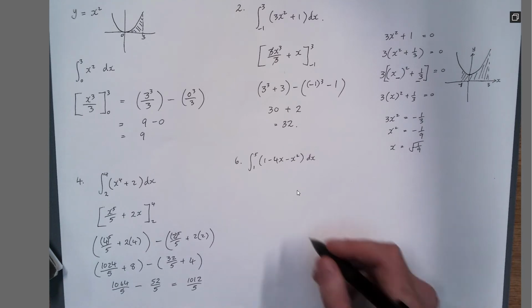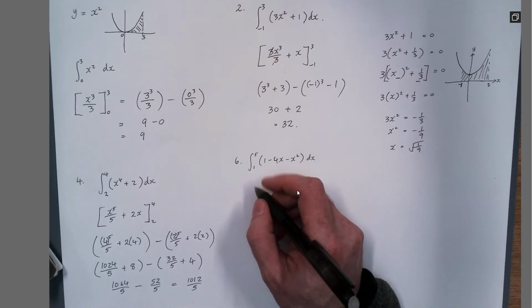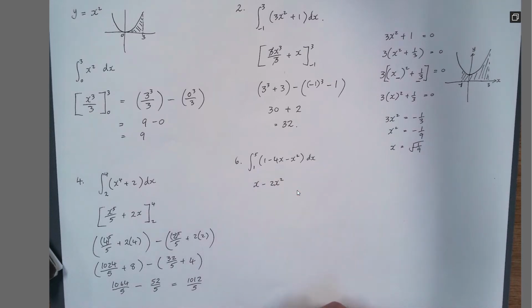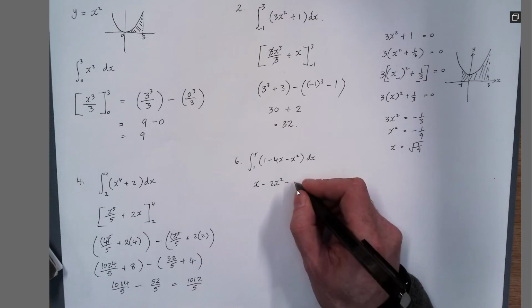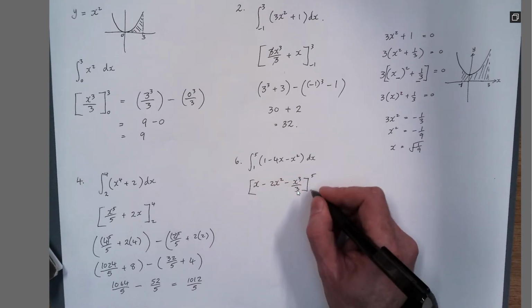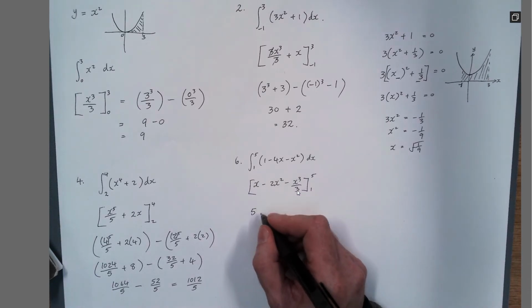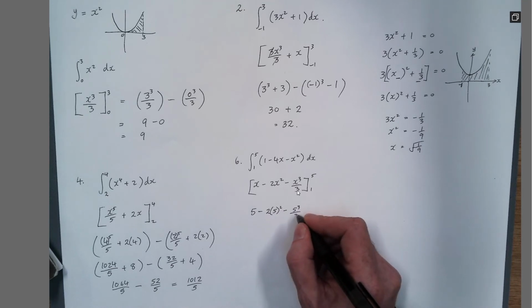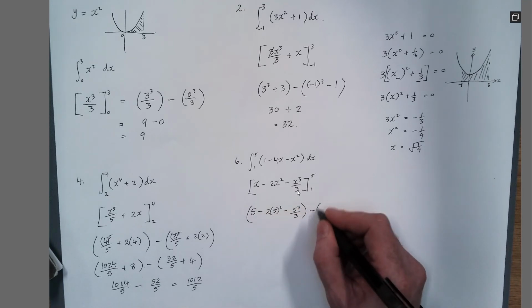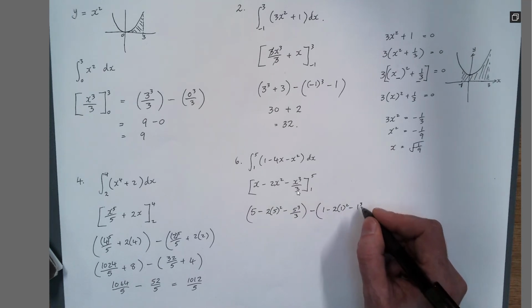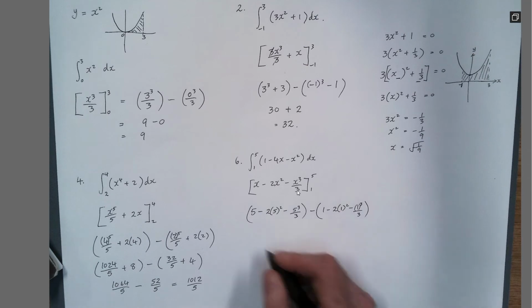It's an n-shaped graph because it's minus x squared. You integrate to get x minus x cubed over 3. Substitute in the upper limit, then subtract the lower limit, so the function evaluated at each limit minus the cubed term over 3.